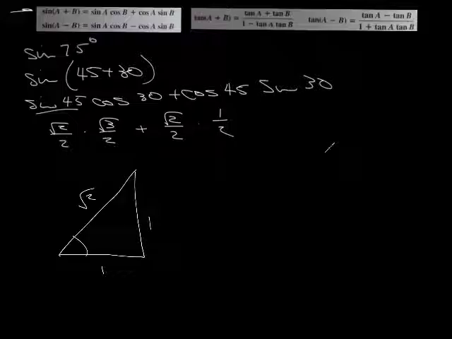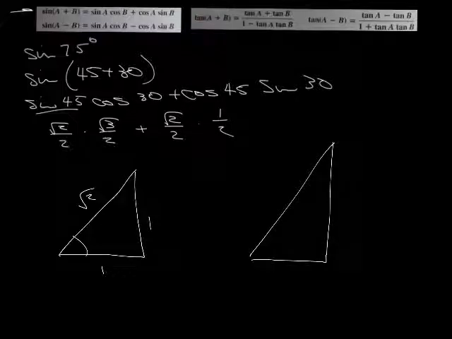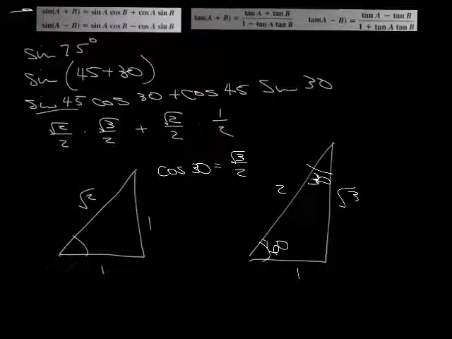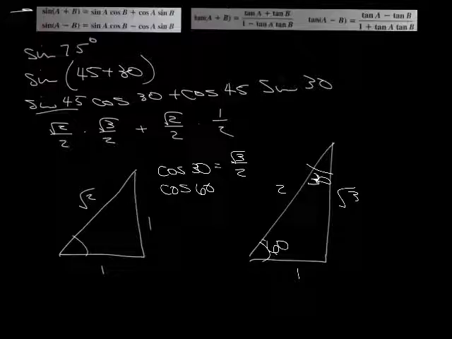Alright, so when we have our other angle, a 30, 60, 90, we know that this is 30, and this is 60. And this will be 1, 2, square root of 3. So our cosine of 30 will be adjacent over hypotenuse. Our cosine of 60 is also adjacent over hypotenuse.